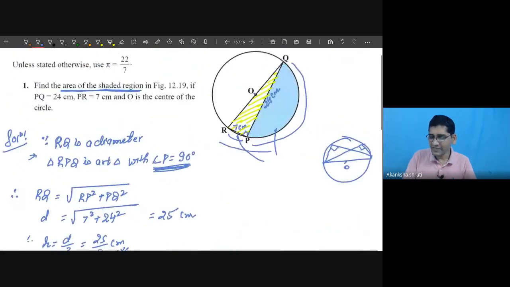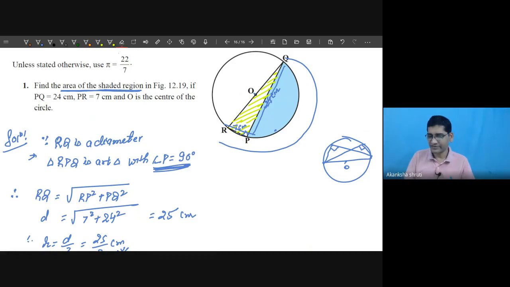One is the semicircle itself, but what is the other? Other is one of this chord length and other is this chord length. The length of these two chords are already given. So we shall apply this thing properly. Okay. So let us substitute.